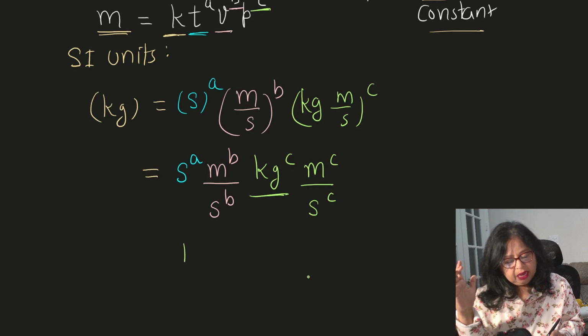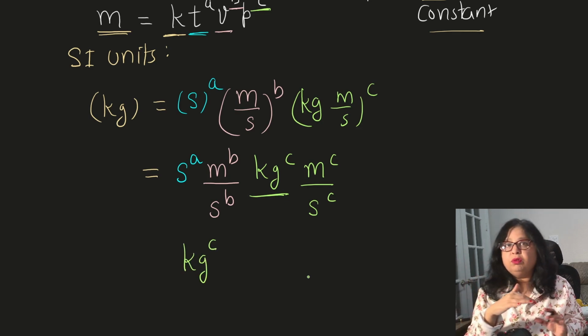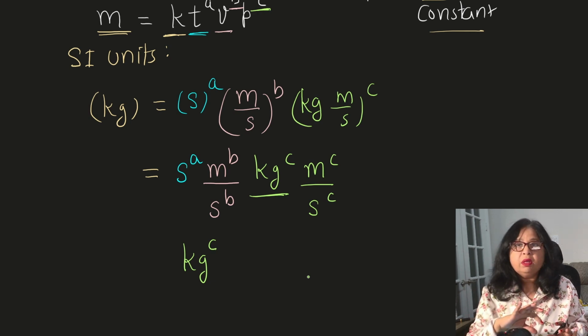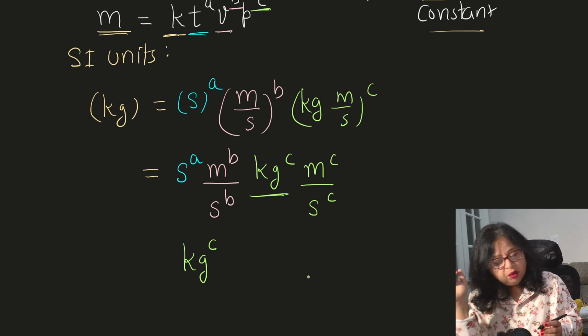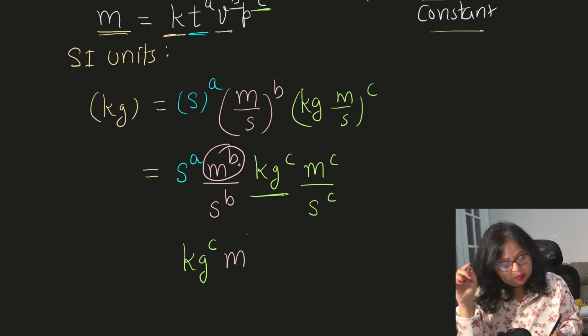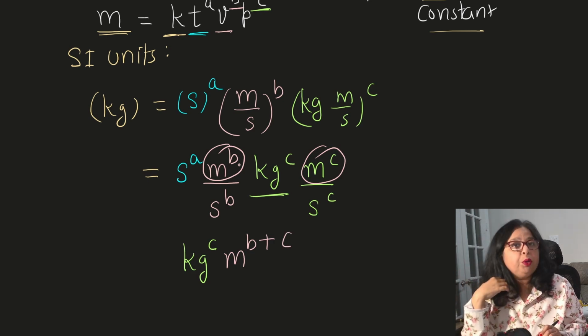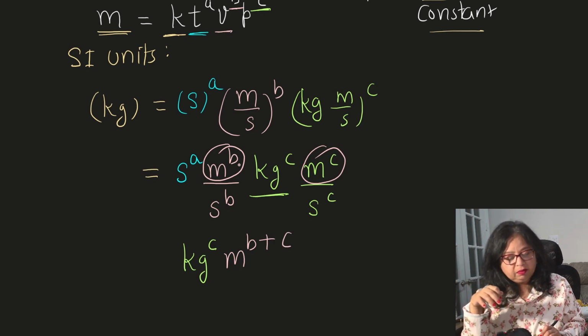That means I have kilograms to the power c. Why? Because there is no other unit of kilograms on the right hand side. Moving on to meters. I have meters to the power b times meters to the power c. So that would give me meters to the power b plus c.